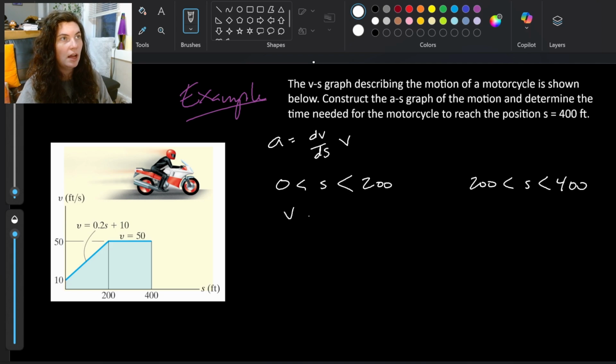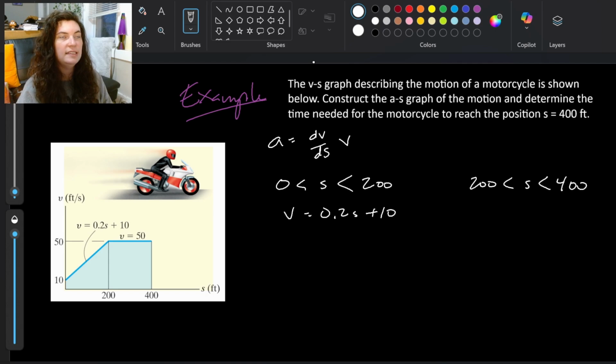We have our velocity, so we're going to work through this entire left portion first. The velocity is 0.2 times s plus 10.